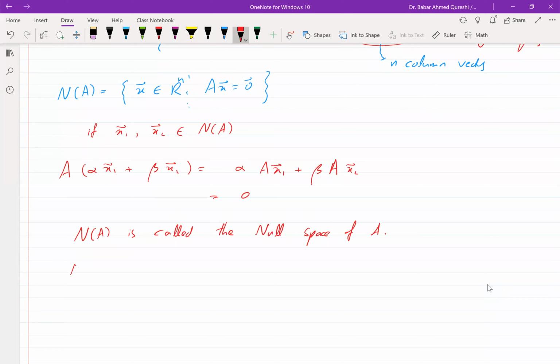So it is saying that the null space of A is a subspace of Rn, n column vectors, for A m by n.